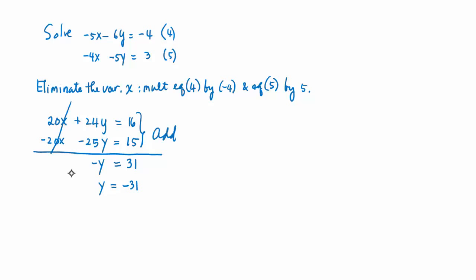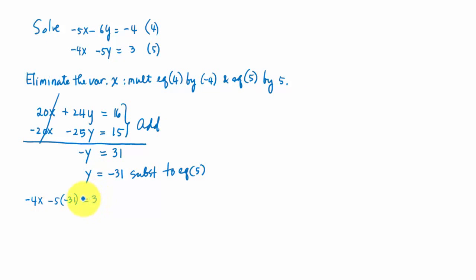So let's see, suppose we want to substitute into equation 5. So this becomes negative 4x minus 5 times negative 31 is equal to 3, and that'll give us negative 4x plus 155 is equal to 3.